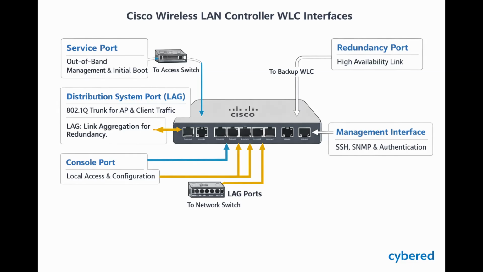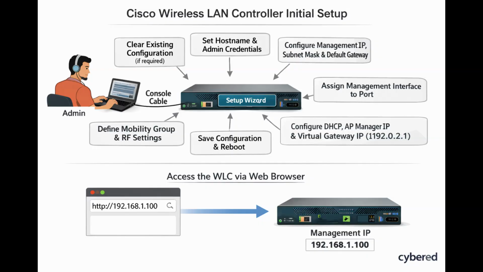The redundancy port is used for high availability between controllers, and the management interface handles management traffic such as SSH, SNMP, authentication servers, and controller-to-controller communication. A Cisco WLC is initially configured using a console connection and a setup wizard.